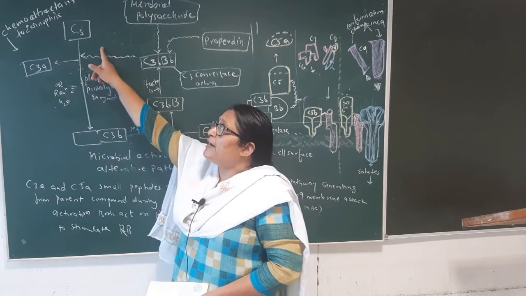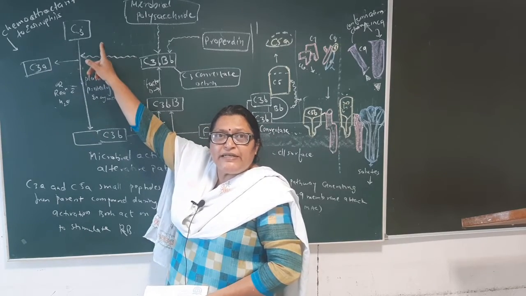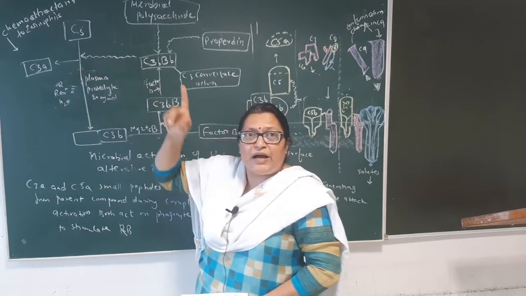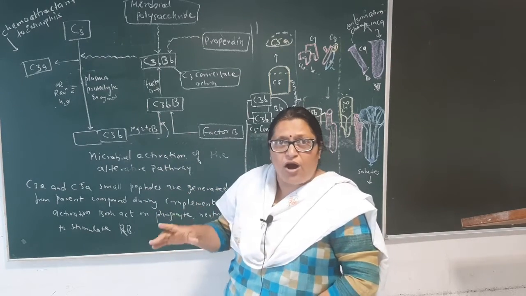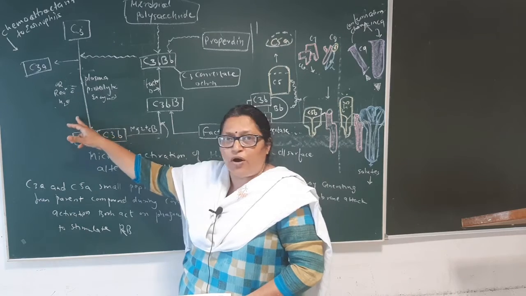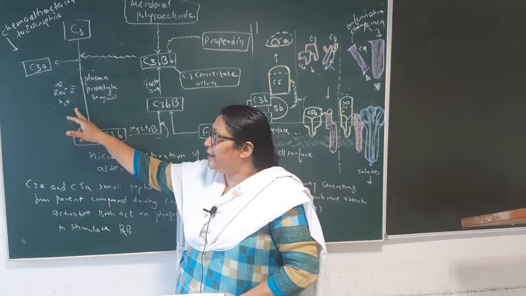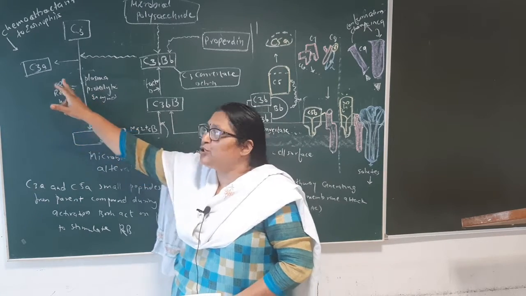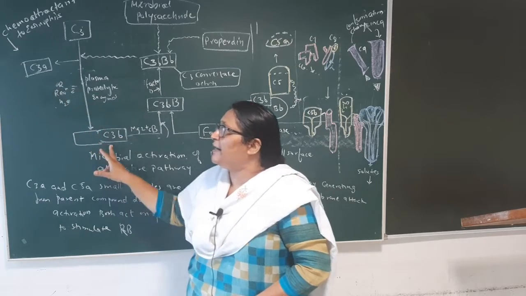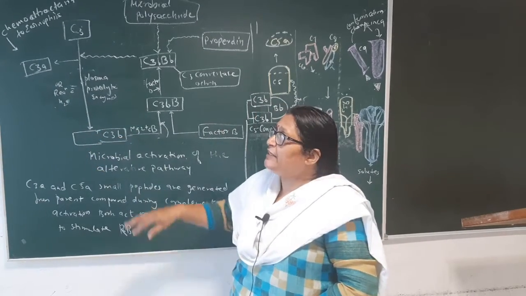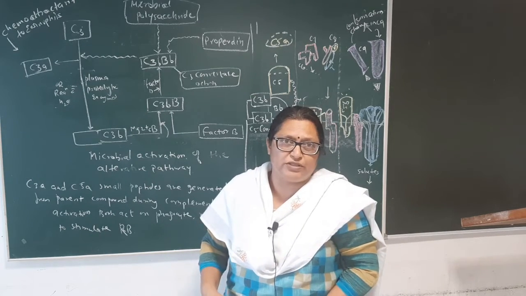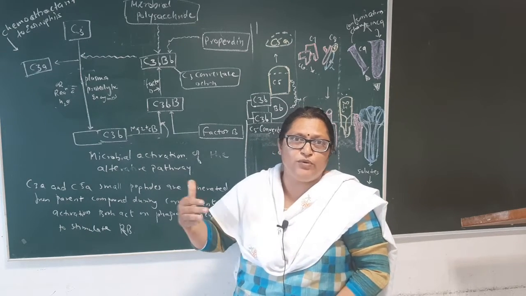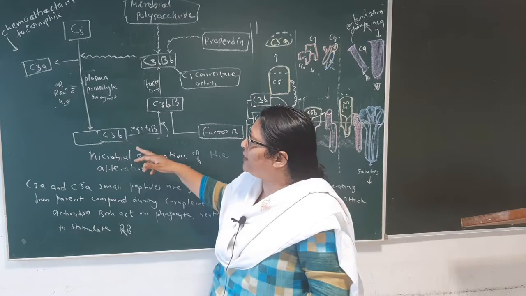It means the C3 which is present in the plasma undergoes proteolytic cleavage, or in the presence of water it reacts with water, and produces two fragments, C3a and C3b. C3a is the chemoattractant for eosinophils, responsible for eosinophil chemoattraction.